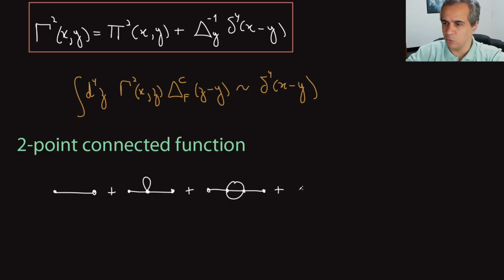And of course, also 1PR diagrams, one particle reducible diagrams. These are all here correcting this free theory propagator.